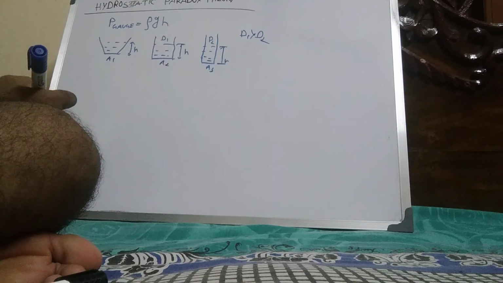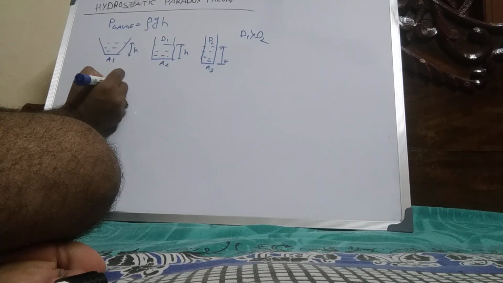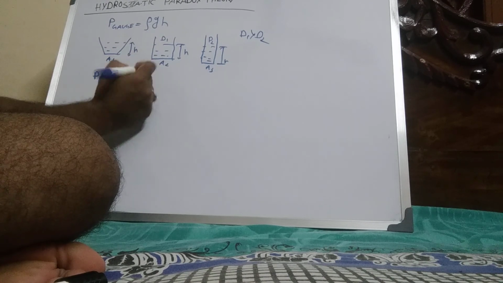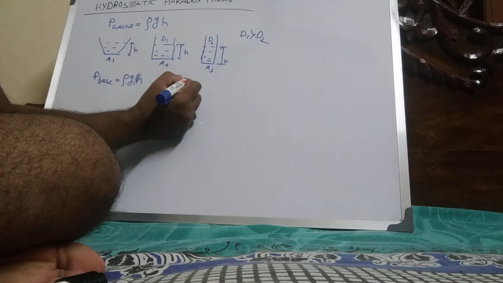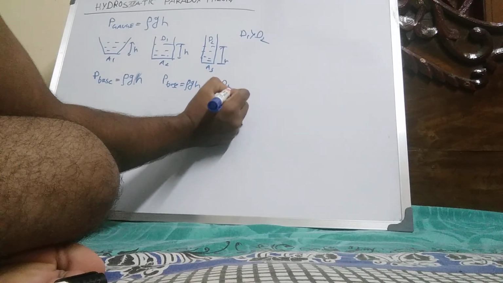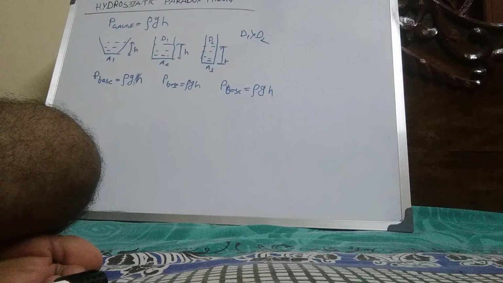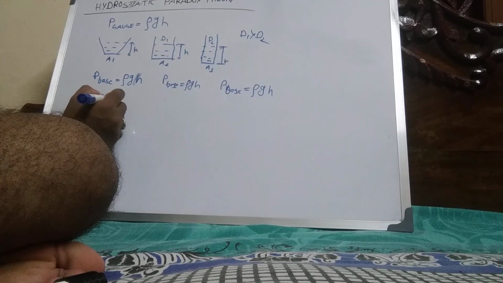So at the base, the pressure is rho g h for every shape. Understand? So pressure does not depend on cross-sectional area. This point is very important.